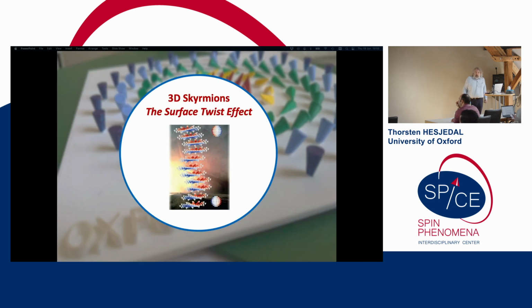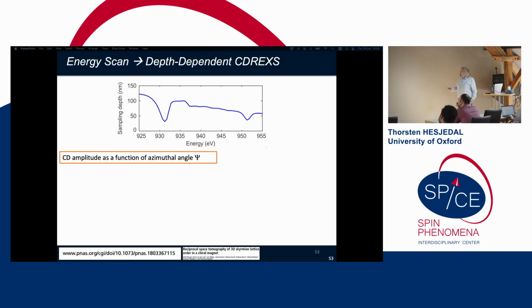Okay, good. So now that we dissected it, what we are really interested in these days, and I'm just going to give you 2 or 3 slides, is actually 3D skyrmions. The way we do this is if you look at the sampling depth across the L2, L3 edges, you can see that it's varying.